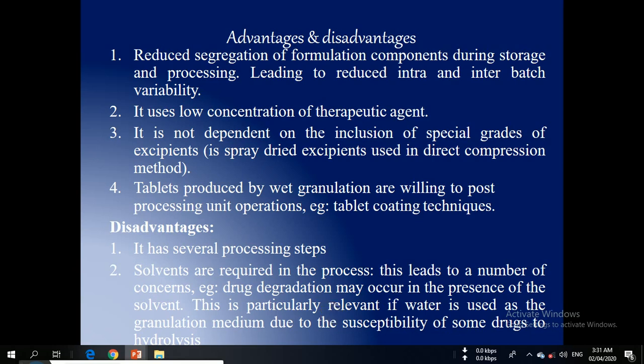This is particularly relevant if water is used as a granulation medium, due to susceptibility to hydrolysis, and there may be different types of chemical reactions in the form of hydrolysis, so the products may degrade. So these are the disadvantages of the wet granulation method.